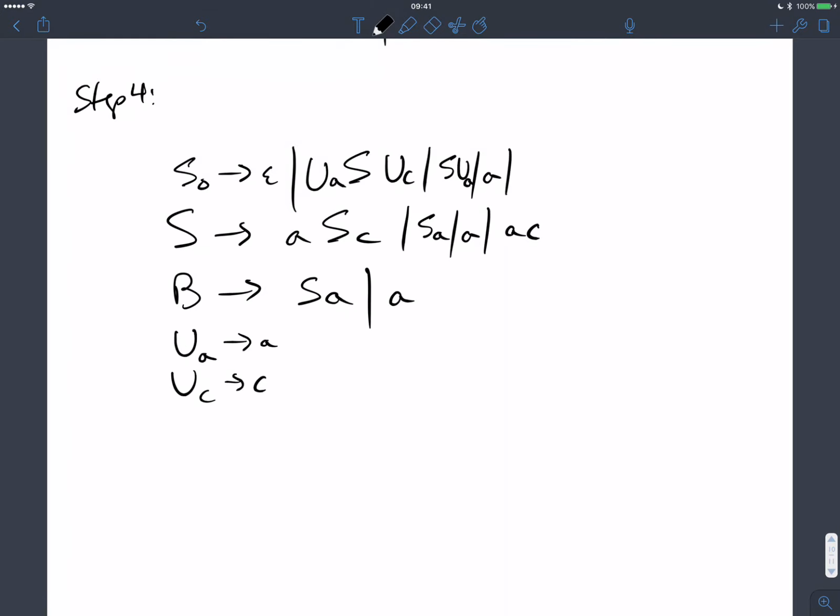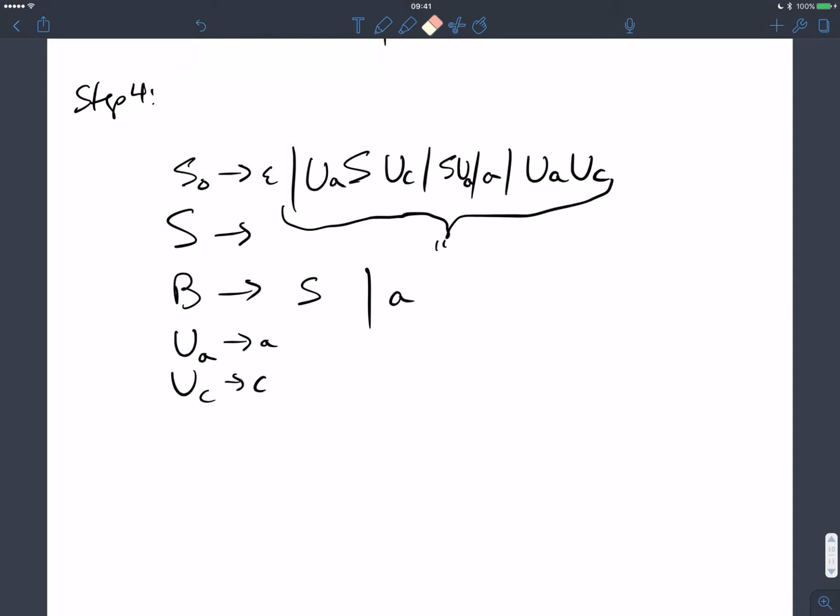But I should replace the one that has 2 terminals. And I'm going to make a simplification by just doing this, which you can do on the final. Because there's no point in rewriting those because it's exactly the same in this case. But I should put that.